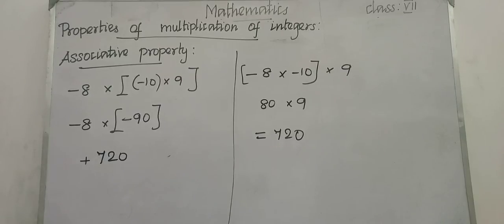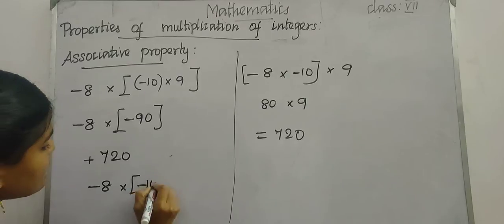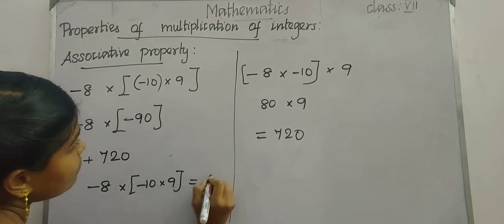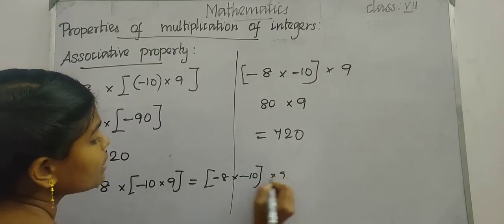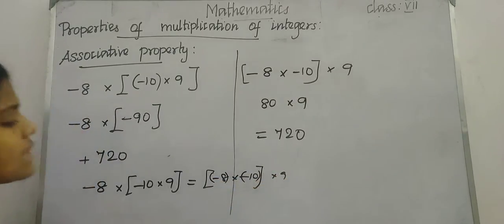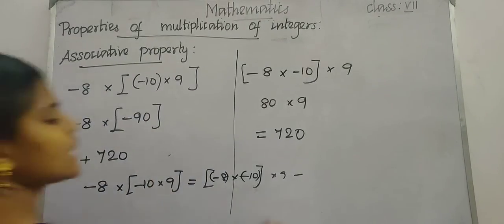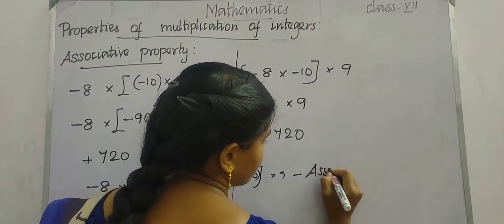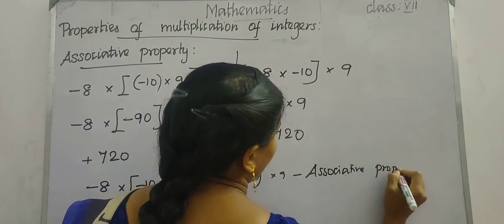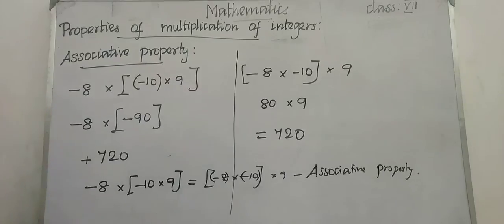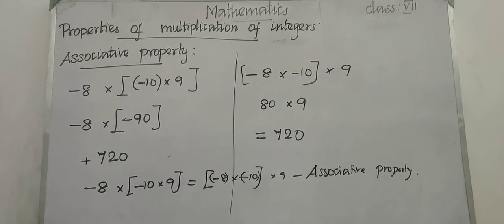So we can simply write it as minus 8 into minus 10 into 9 equal to minus 8 into minus 10 into 9, so that we can say it holds associative property. How will you write the format of this associative property?